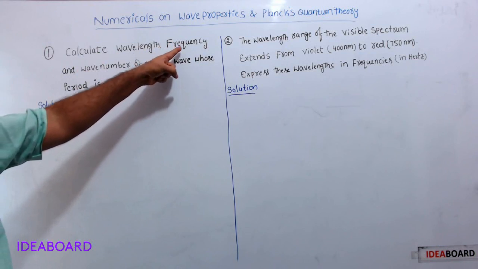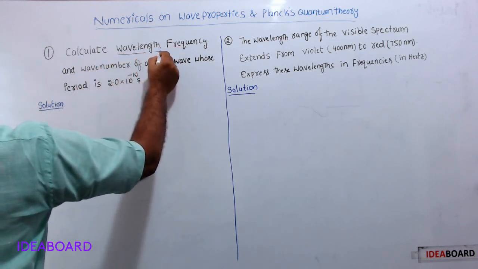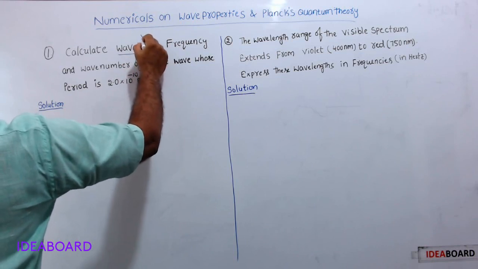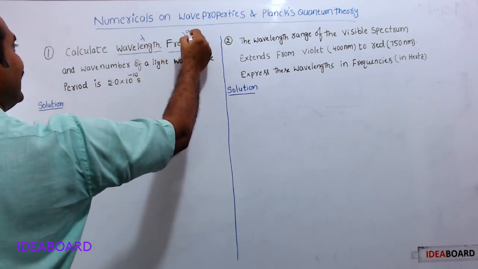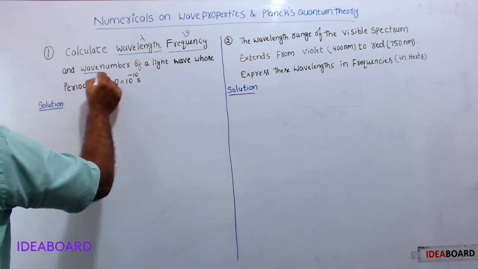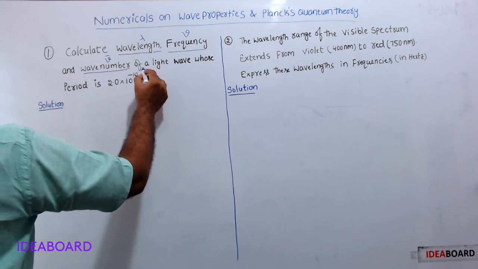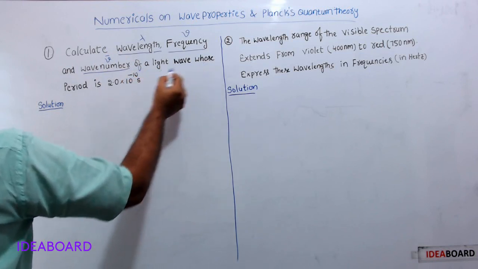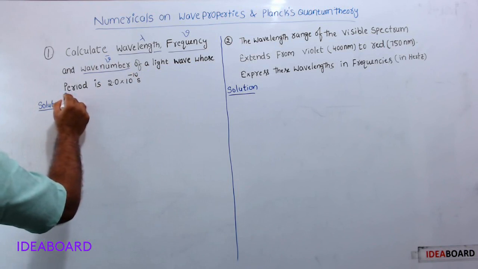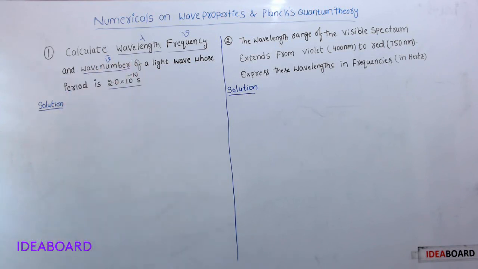Calculate the wavelength, symbolically lambda, frequency nu, and wave number, denoted by nu bar, of a light wave whose time period is 2.0 into 10 power minus 10 seconds.